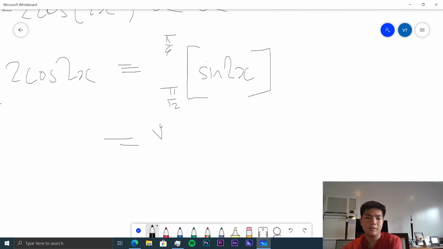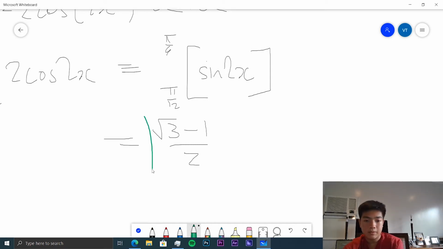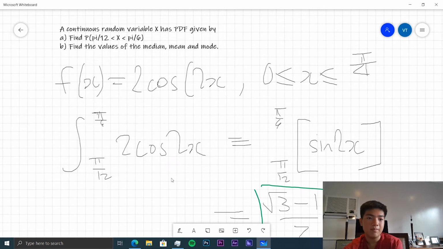So this is equal to (root 3 minus 1) over 2, that is the probability. So that's cool. And now we need to find the mean, median, and mode.